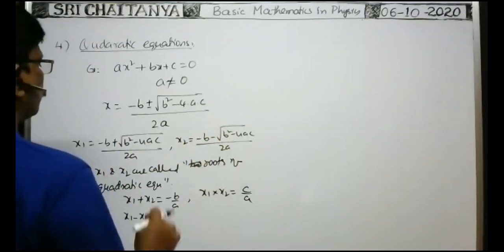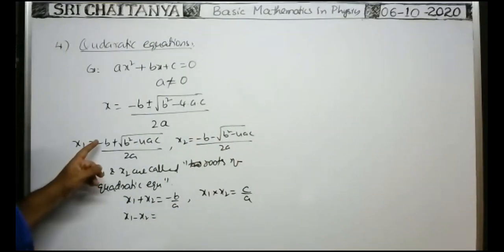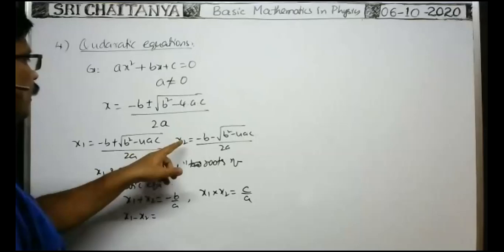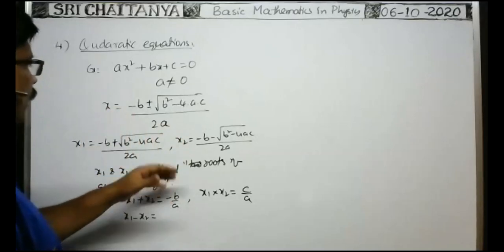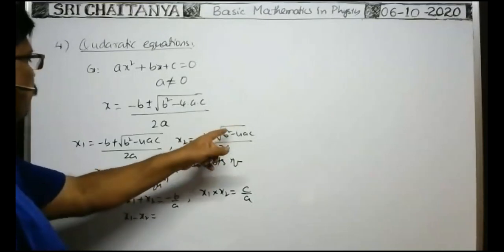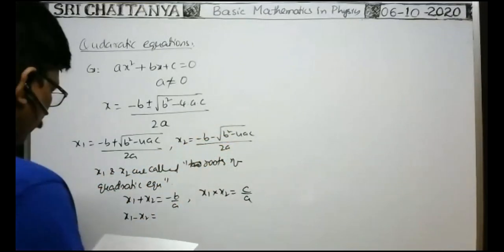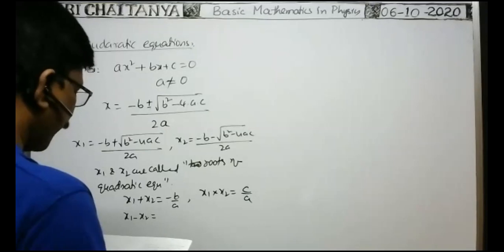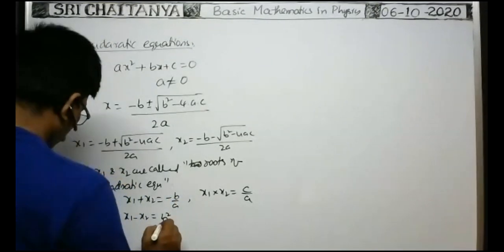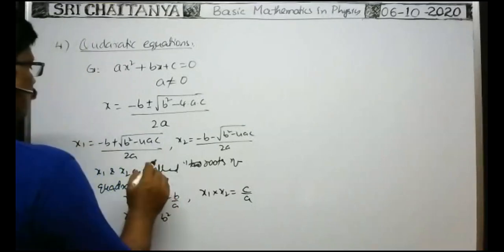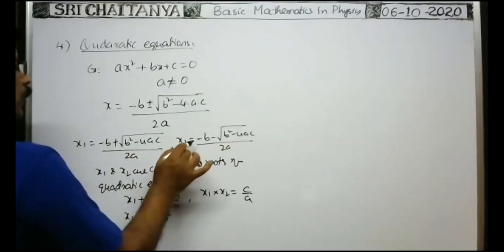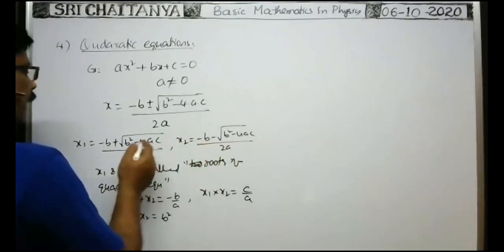x1 minus x2 is minus b by 2a plus square root of b square minus 4ac by 2a, minus of this one, which means plus b by 2a plus square root of b square minus 4ac by 2a. When you simplify, minus b by 2a and plus b by 2a cancel.